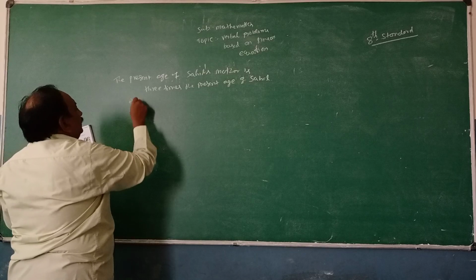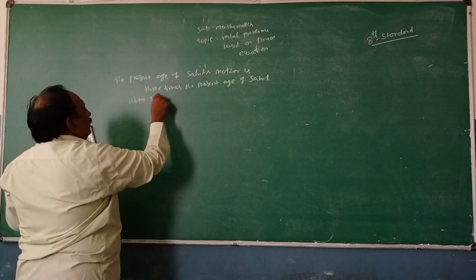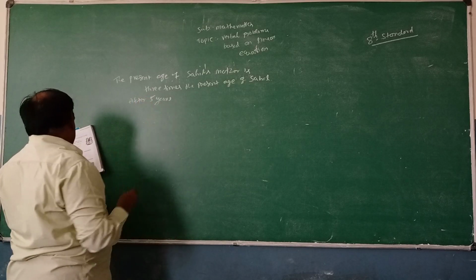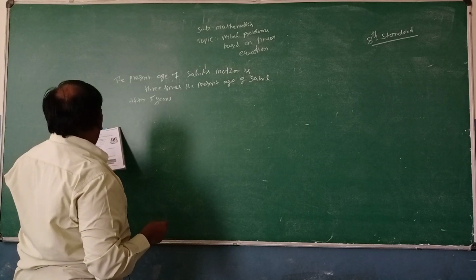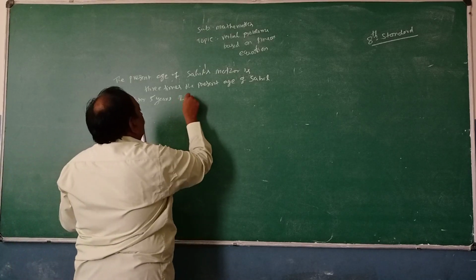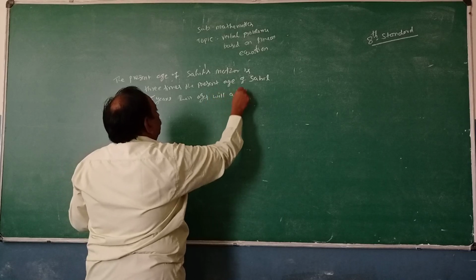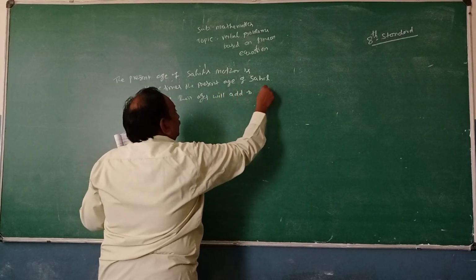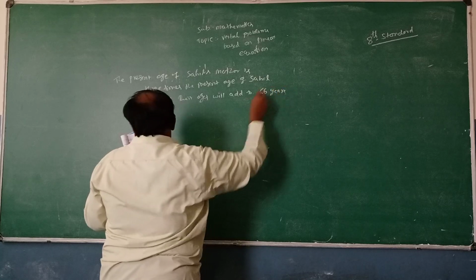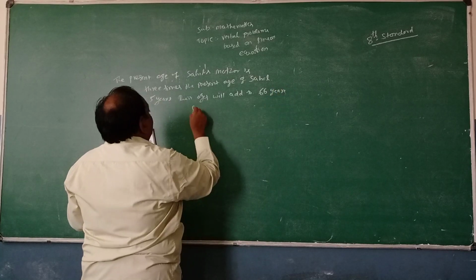After 5 years, their ages will add to 66 years. Find their present ages.